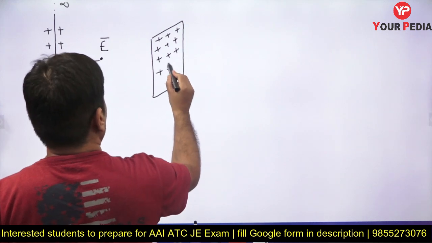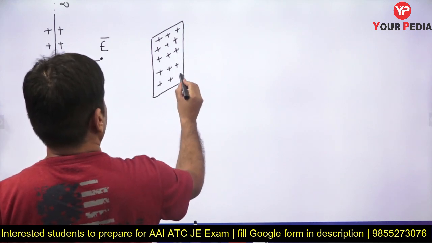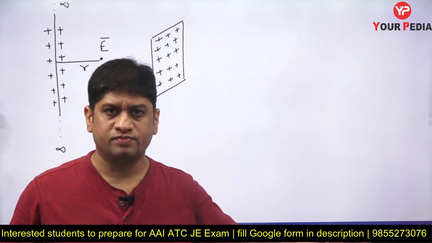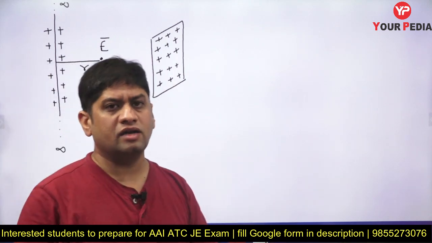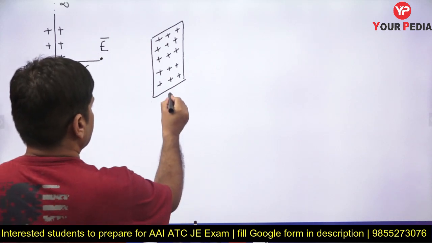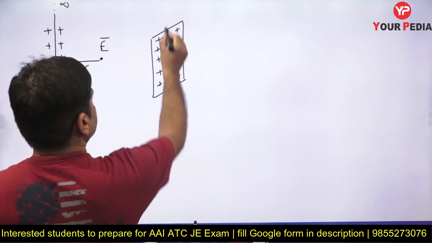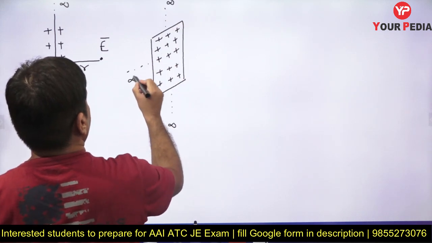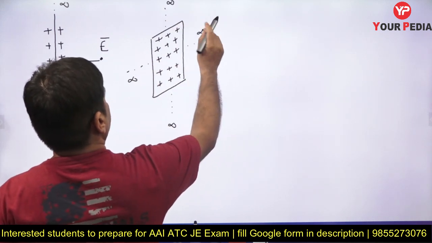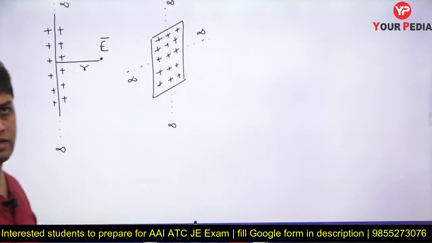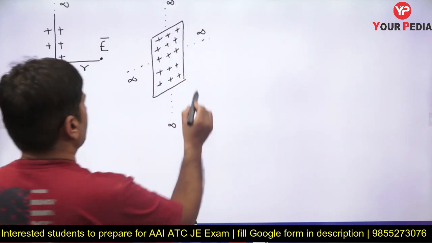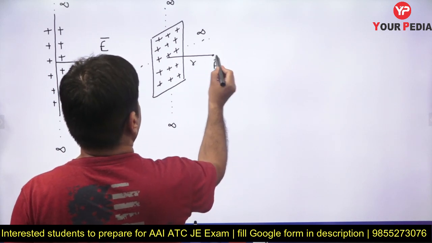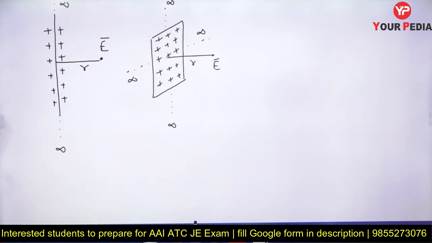Now think of a sheet, something like this particular board. Assume it to be very, very large, a sheet of infinitely large size. That means this dimension is very large, this dimension is also very large, and this dimension is also very large. So the size is very, very large. Can you find out again the electric field because of this distributed charge on this sheet?